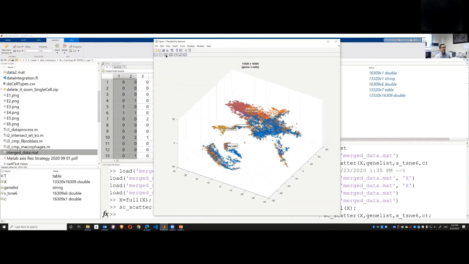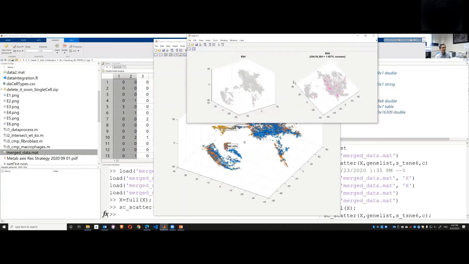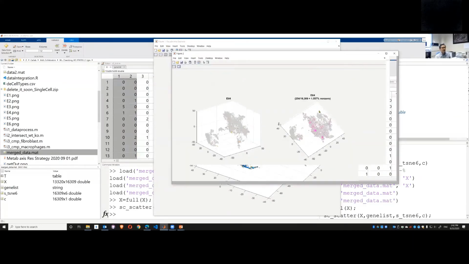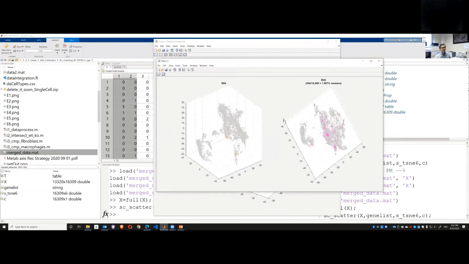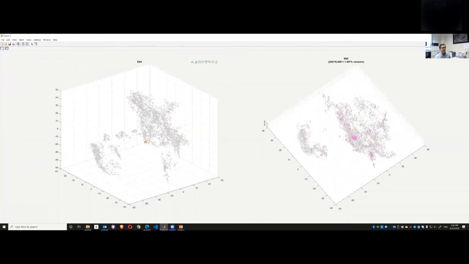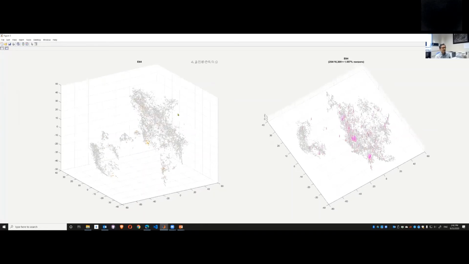And what I can also do is show the gene expression. For example, if I want to show the expression level for certain genes, I can select one of the genes and then pop out another plot. So this gene is expressed in very few cells. The gray means they are not expressed, and those yellow points mean expressed.